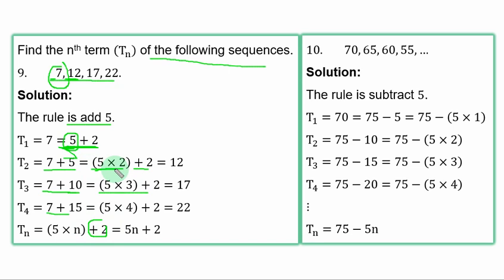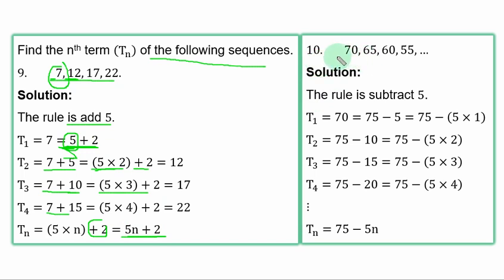So that when n is 1, you have 5 times 1 plus 2 is 7. When n is 2, you have 5 times 2 plus 2, that is 12, and so on. This becomes the nth term of that sequence.